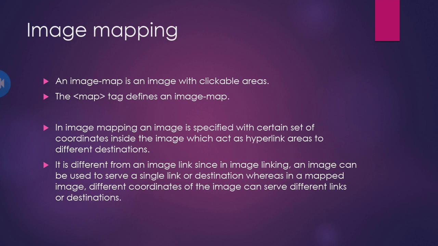For example, the image on the computer is of the Taj Mahal. So when you click on the different areas of the Taj Mahal, it will display different information. It is just because they have done image mapping. They map different areas of the image and link them to the different information. So this is how image mapping works.